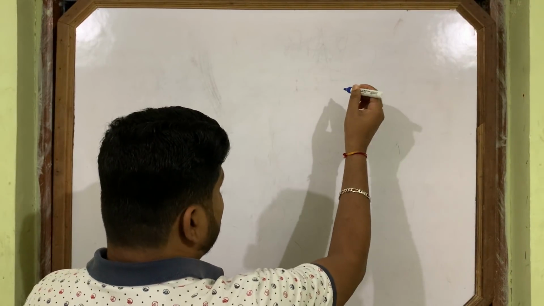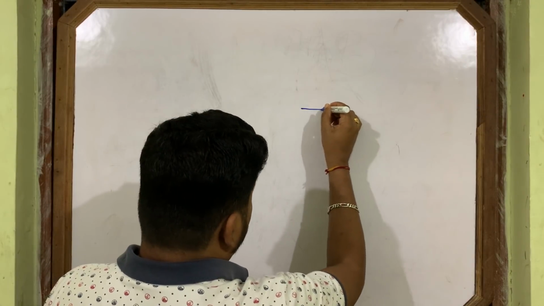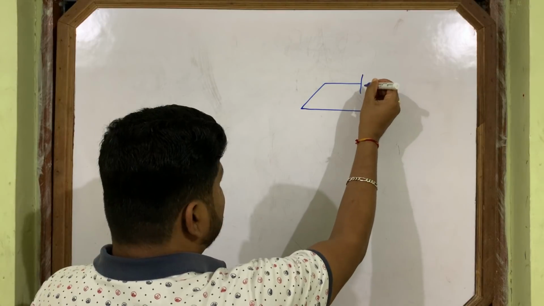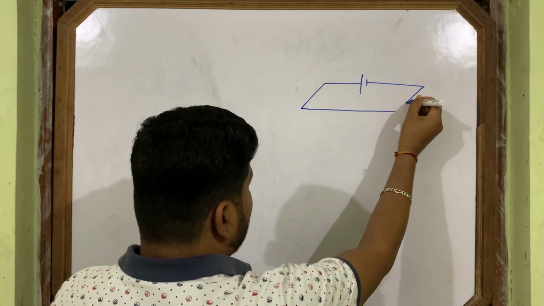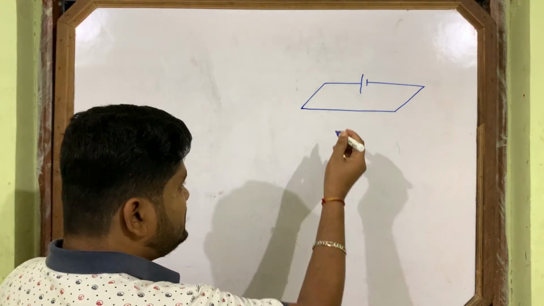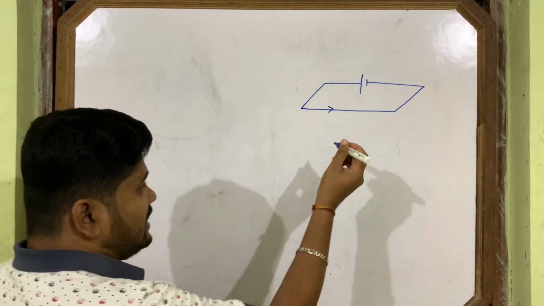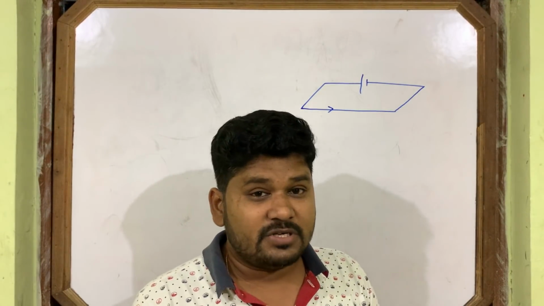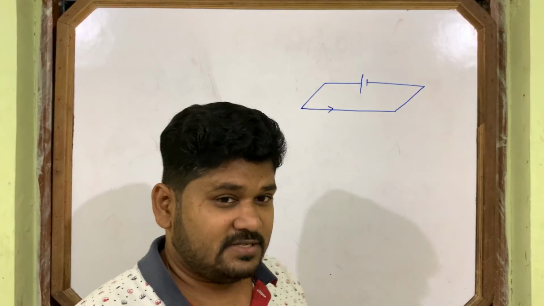Oersted took one conductor and applied current to it with the help of a battery. The battery is required because current will pass in a particular direction. And if it behaves like a magnet, it must deflect another magnet.